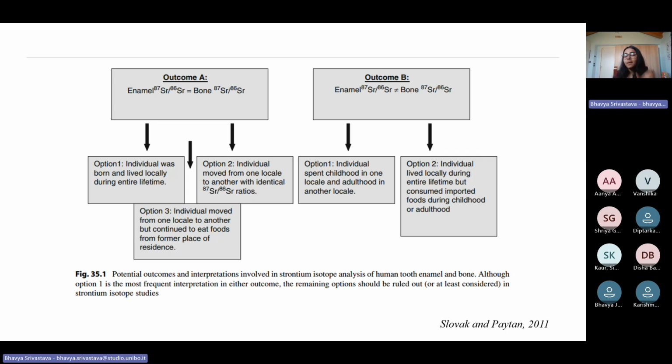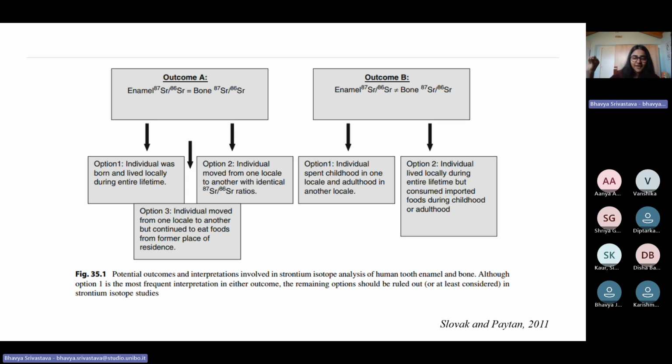But yes, the first consideration is that the individual was born and lived in that area throughout their lifetime. Another consideration could be that the strontium ratios were fairly similar in both places. Let's take another example, from when I tried to study this.